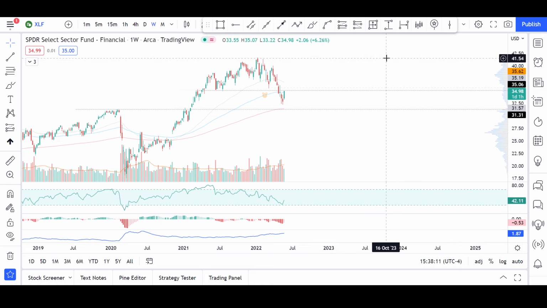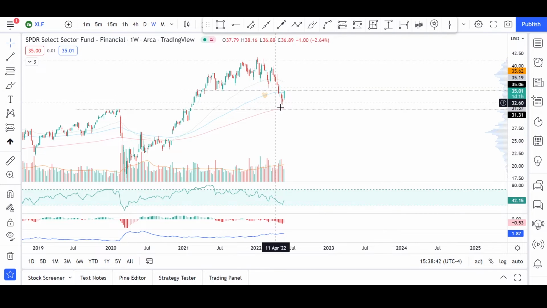Right now let's have a look at SPDR Select Sector Fund Financial, and this one has dropped during this interest rate hike period. We have priced in lots of forecasts for the financial sector, in terms of how money will be taken off the table when this liquidity crisis comes up.